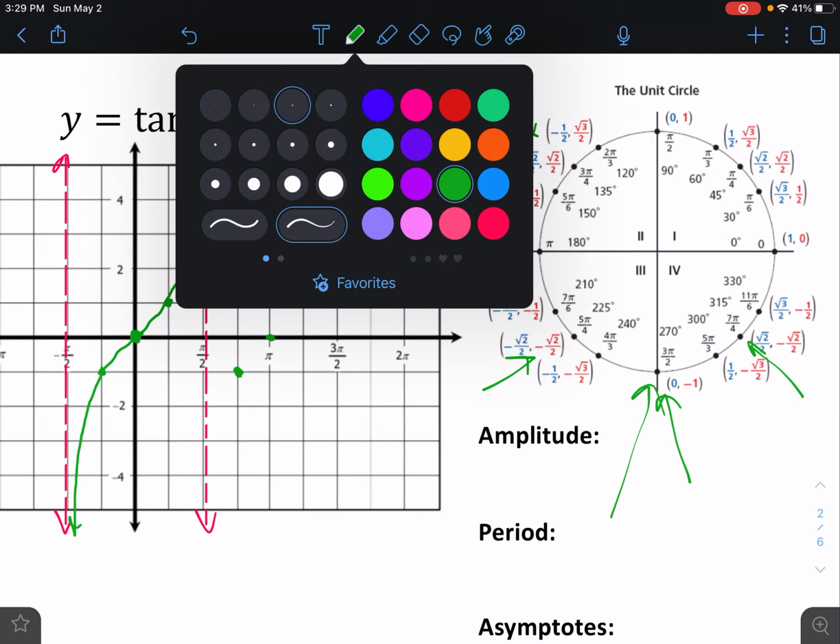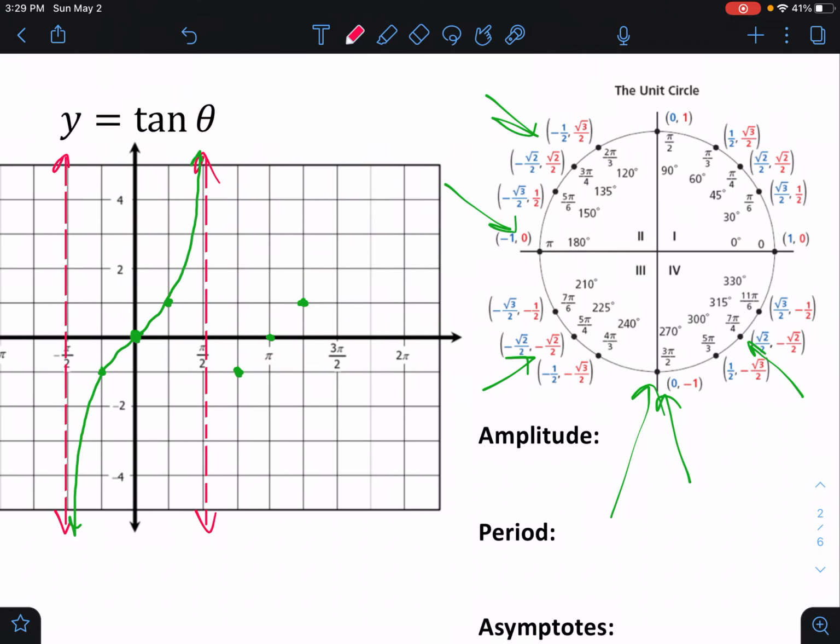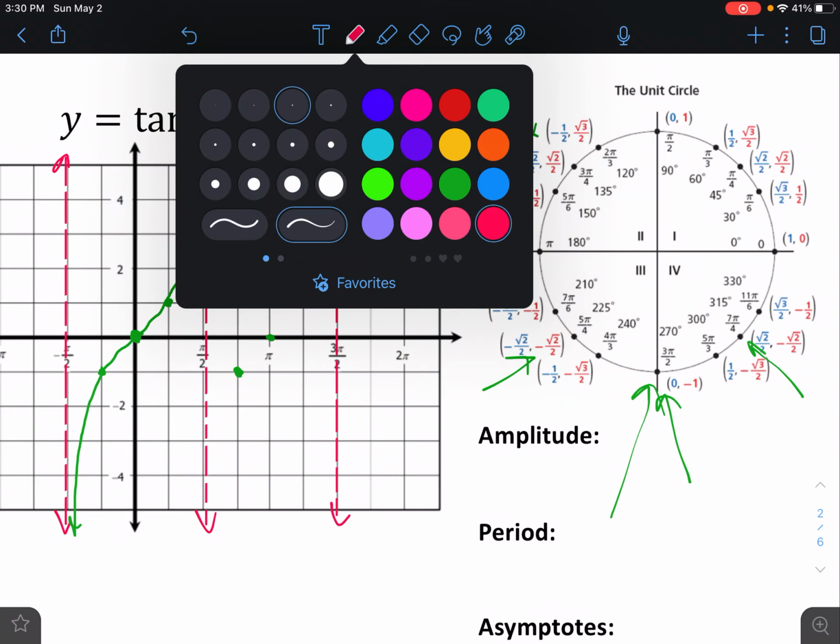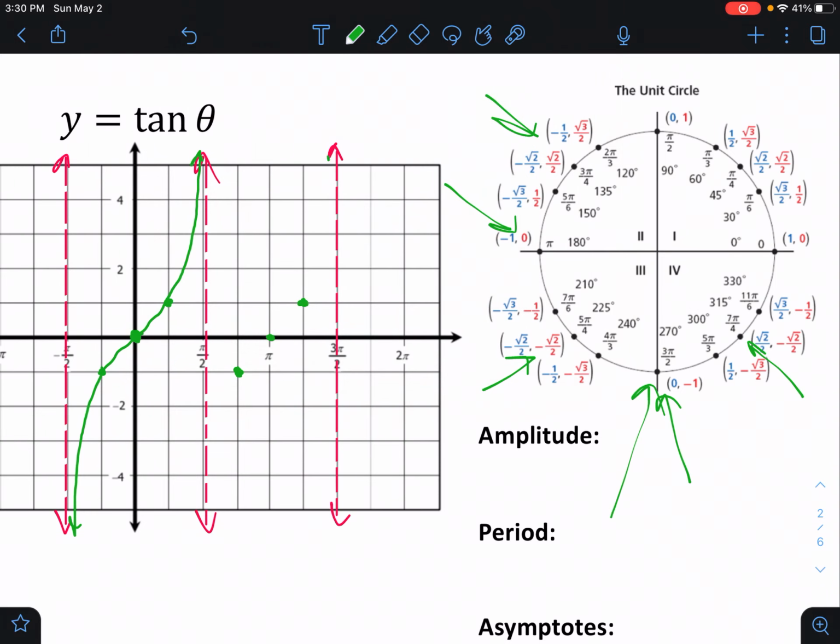So you can see that this now continues to repeat. Here's my asymptote line. Ooh, messed that up a bit. When you do your asymptote lines, make them dashed. These are lines you can't really see, but it makes it easier to draw them in.